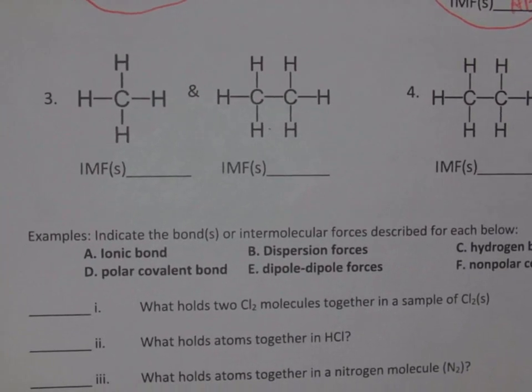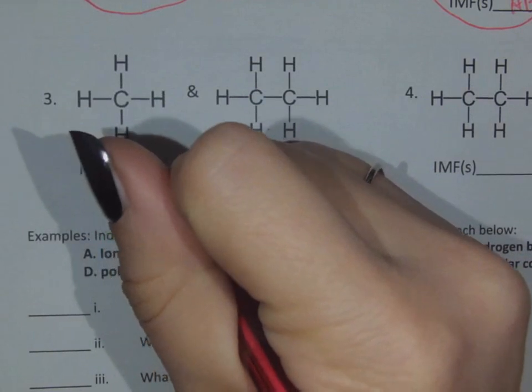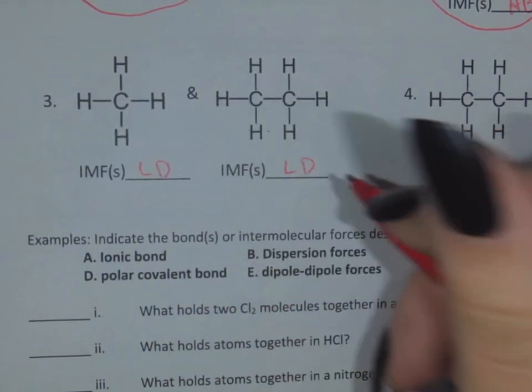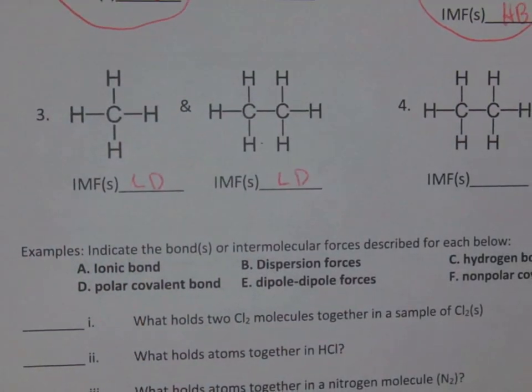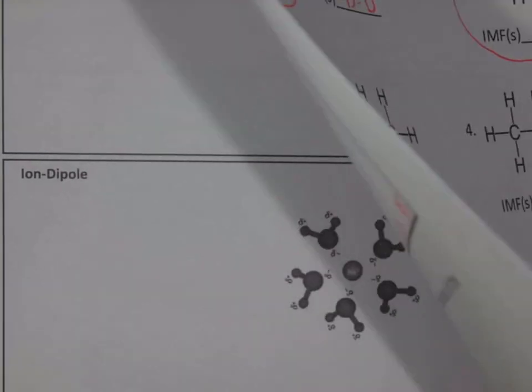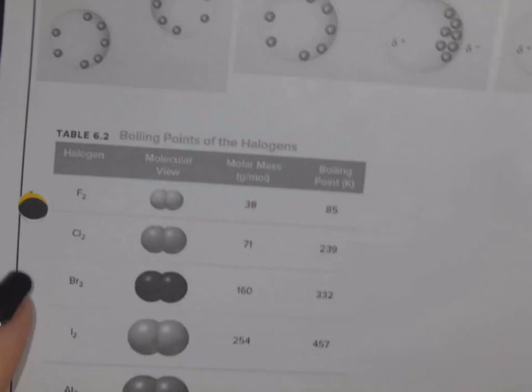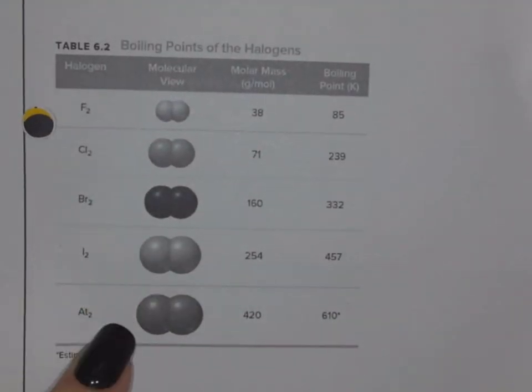Here we have two nonpolar molecules. Two molecules that are symmetrical. So London dispersion is the strongest IMF for both of these. But when we learned about London dispersion, we talked about this really interesting idea that the larger the molecule is, the stronger the London dispersion is.